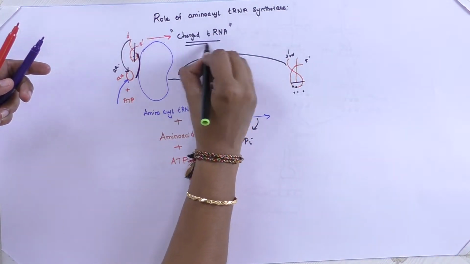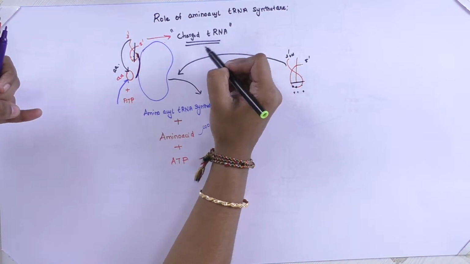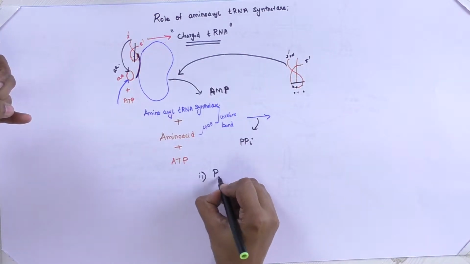So the major role of amino acid tRNA synthetase is making your charged tRNA for the translation process. The second process is proofreading.